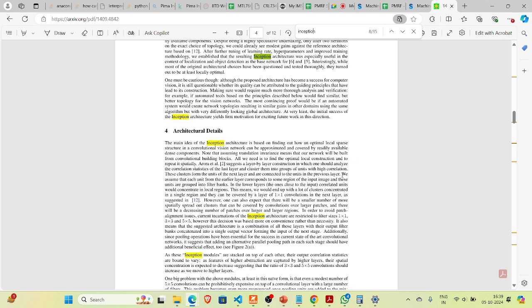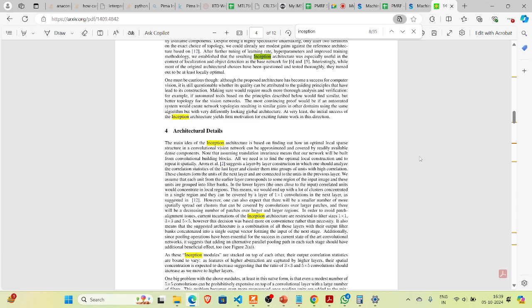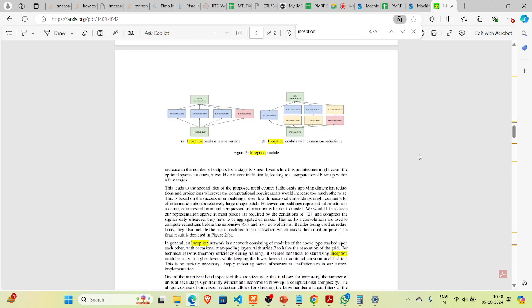And if you look at our question, it really asks about the structure of the inception module. So maybe there is a picture here. Yes, there is.